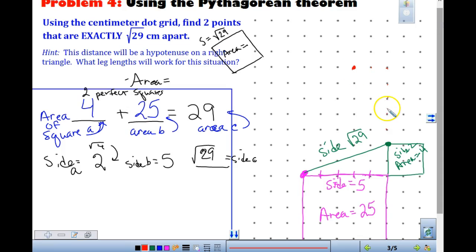We went up 1, 2, 3, 4, 5, and over 2, right? We are going to go across 5. 1, 2, 3, 4, 5, and down 2. This is my square that has an area of 29.